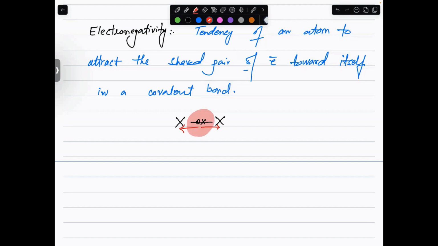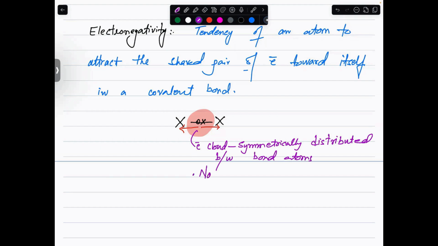The electron cloud is symmetrically distributed between bonded atoms.